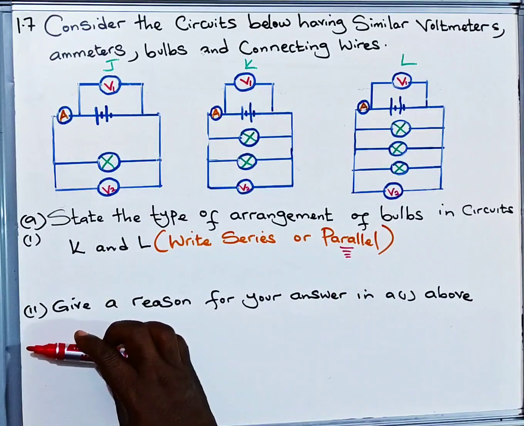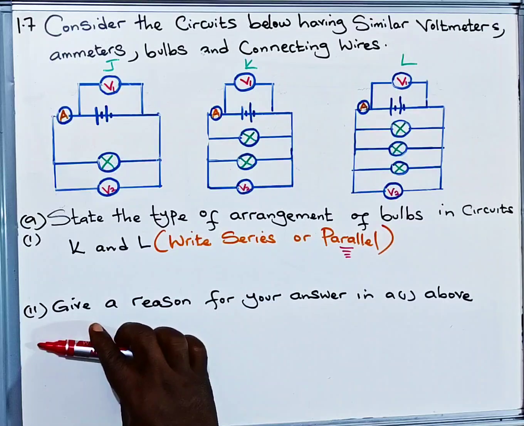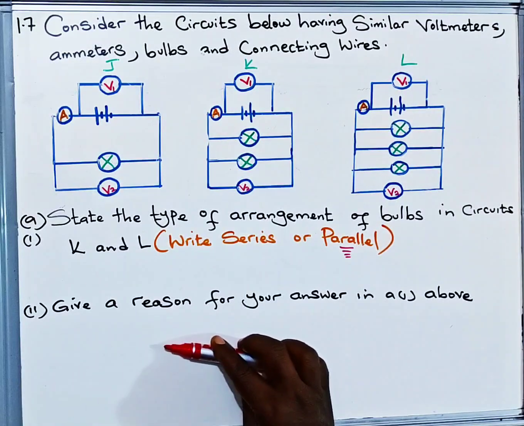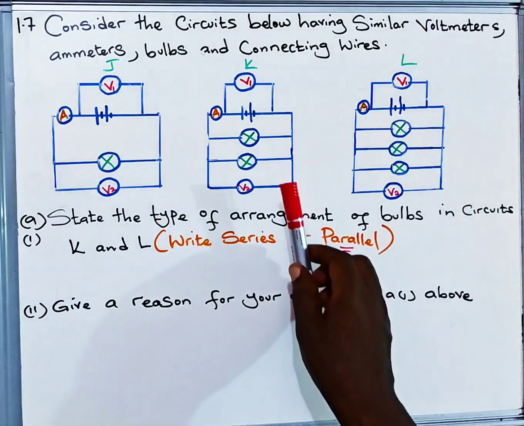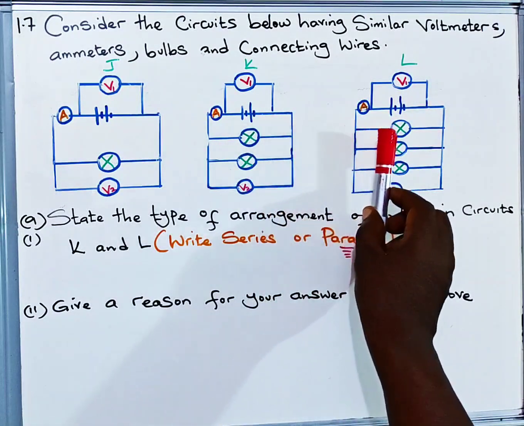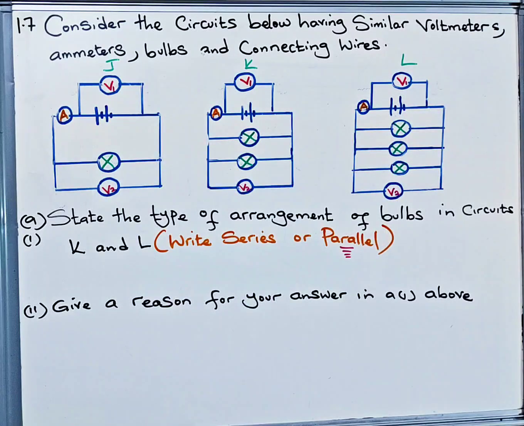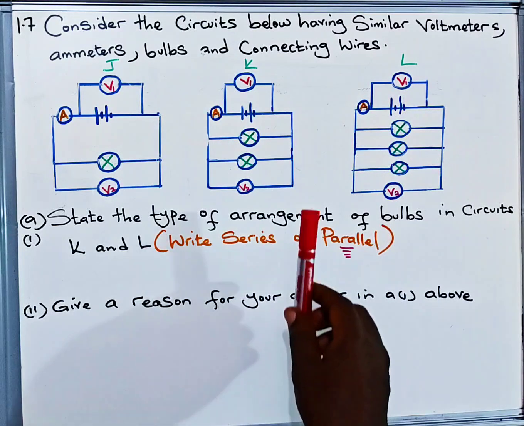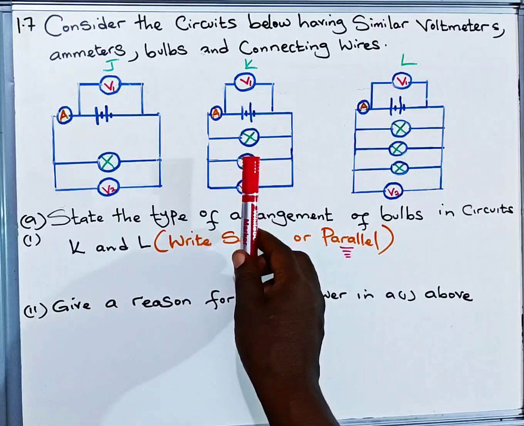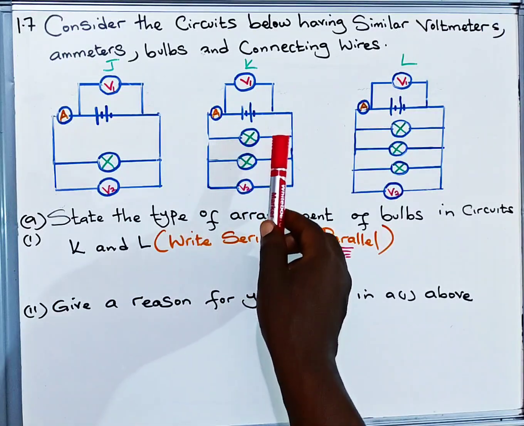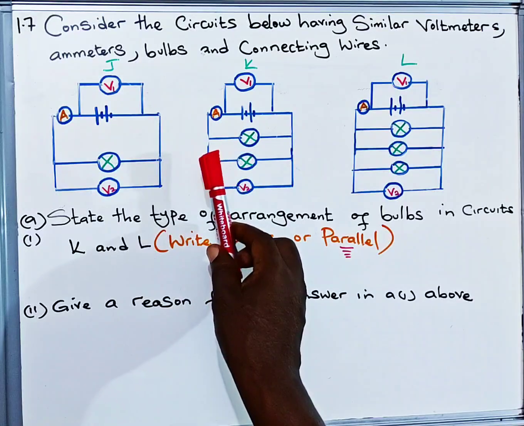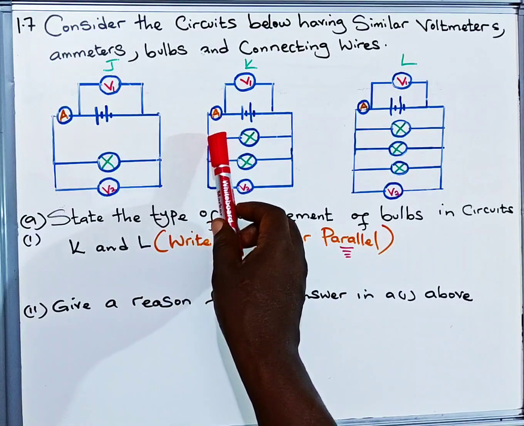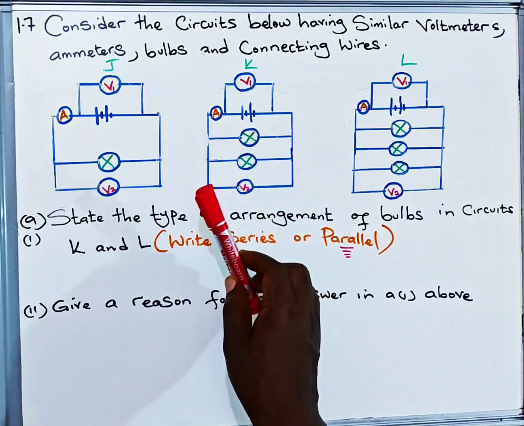Then we come to this question. It says, give a reason for your answer above. So what is the reason for choosing parallel as the answer? The reason is that different alternative paths of electric current are provided for these bulbs.